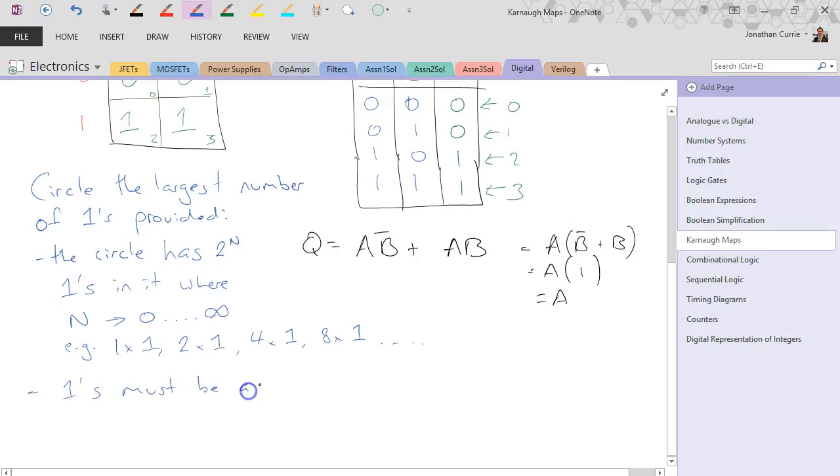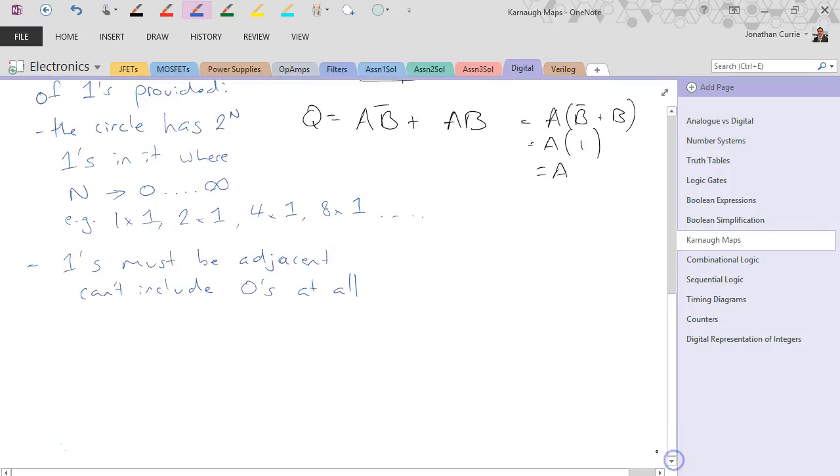Ones must be adjacent, so you can't include zeros at all in your circle. It must be rectangular, so no odd shapes. We really are making circles or rectangles here.